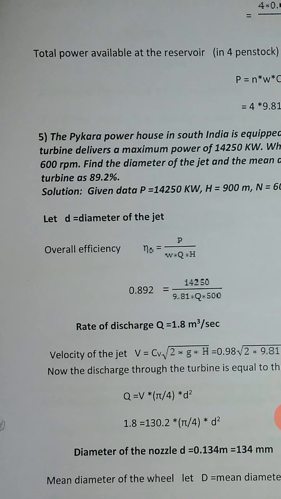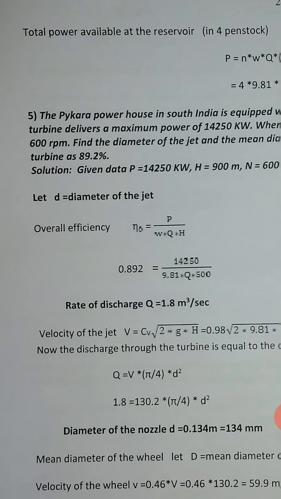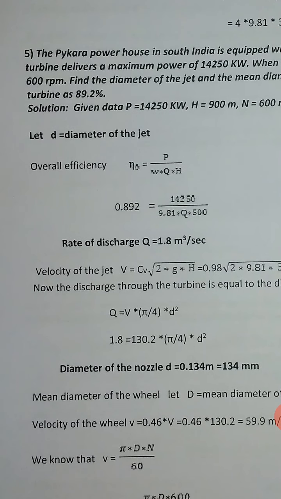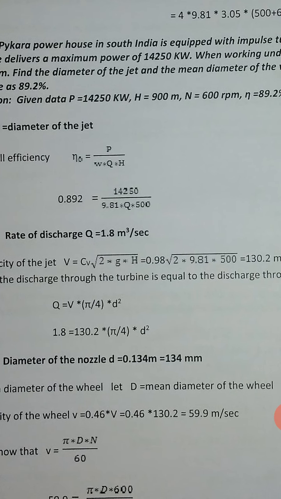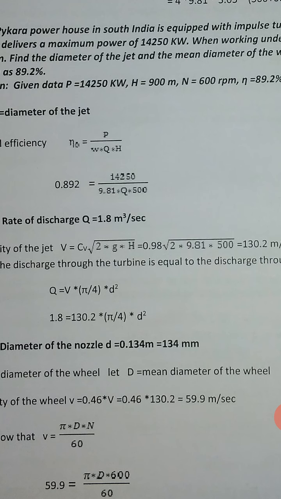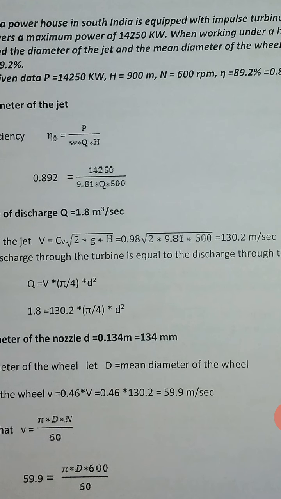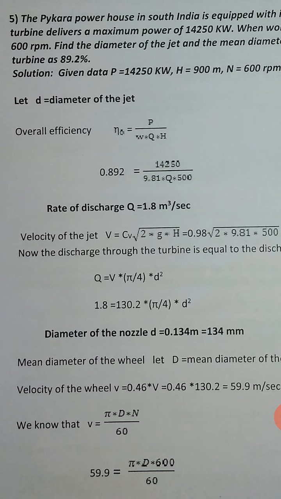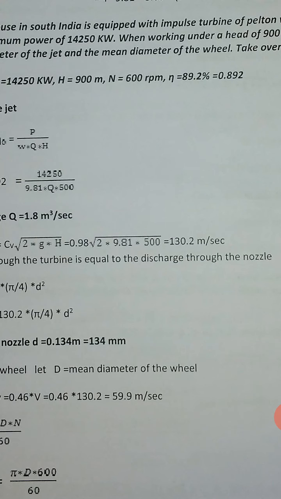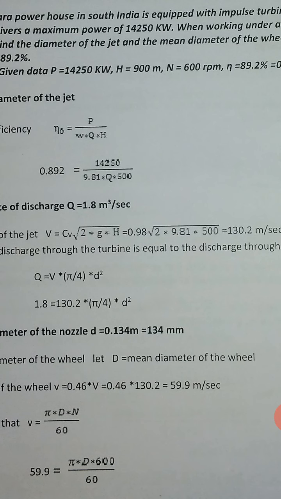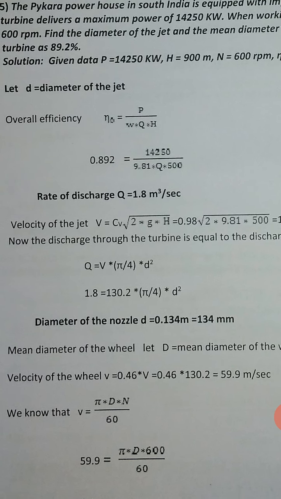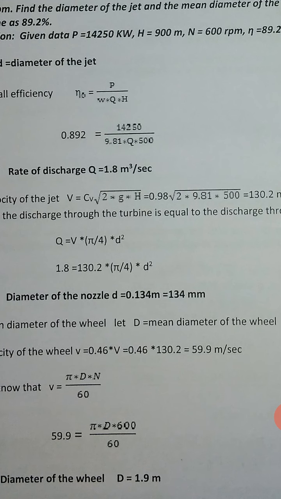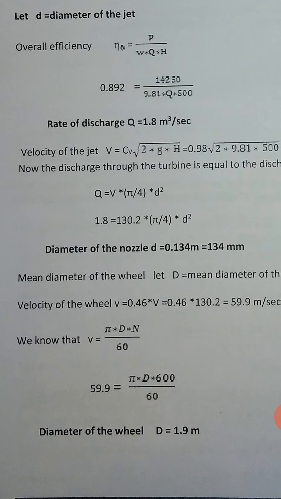Then the overall efficiency equals P divided by wQH. Then Q equals 1.8 meter cube per second. And the velocity of the jet equals Cv under root of 2gH, that is 130.2 meters per second. Now the discharge through the turbine is equal to the discharge through the nozzle, that is Q equals V into pi by 4 small d square. So the diameter of the nozzle is 0.134 meter, or 134 mm. Now let capital D equal the mean diameter of the wheel.